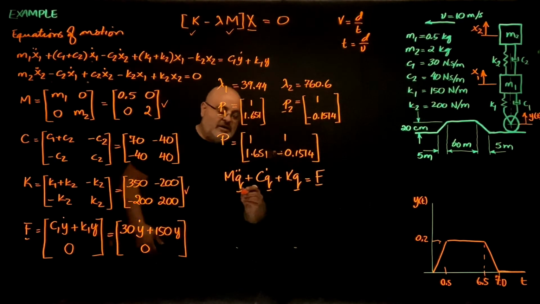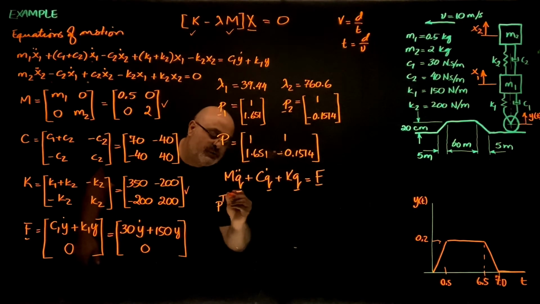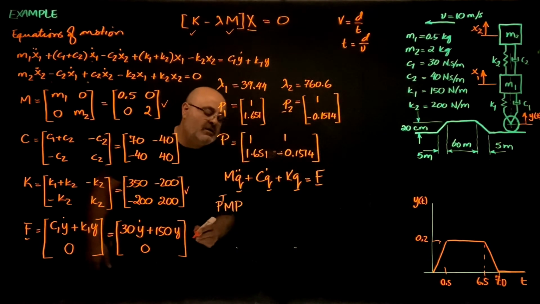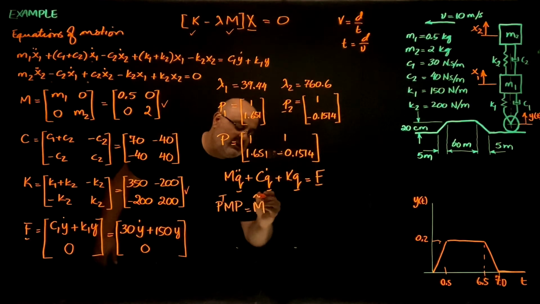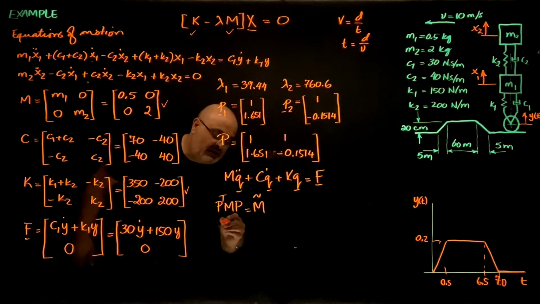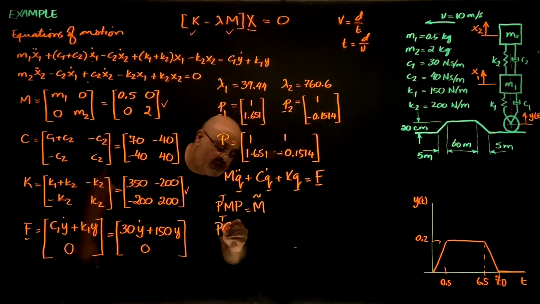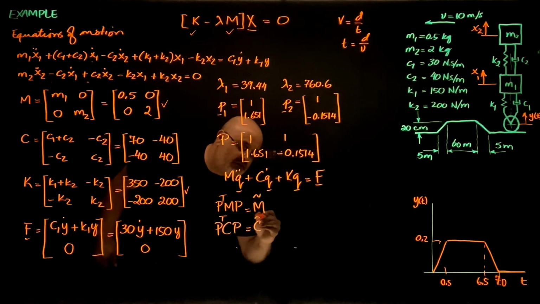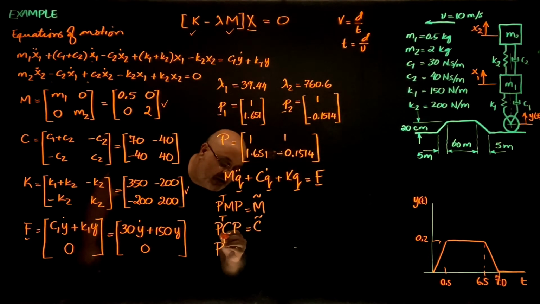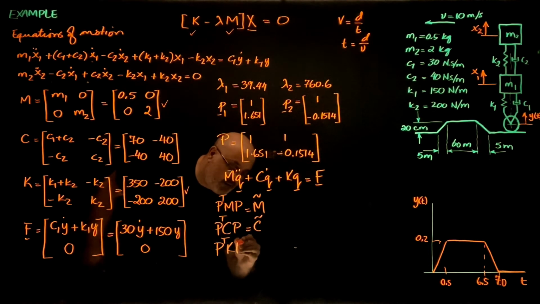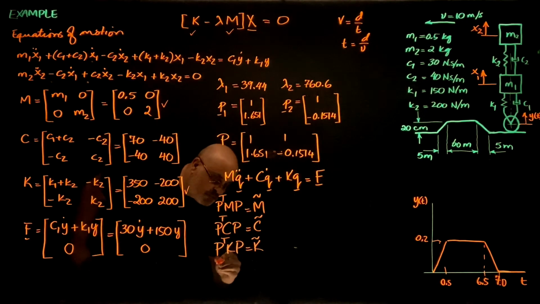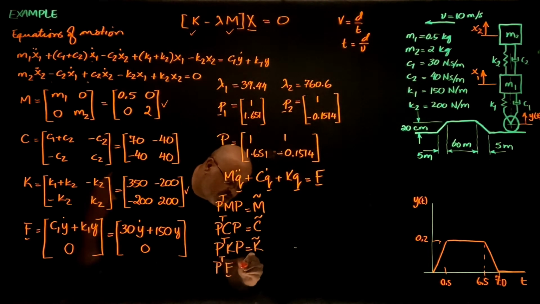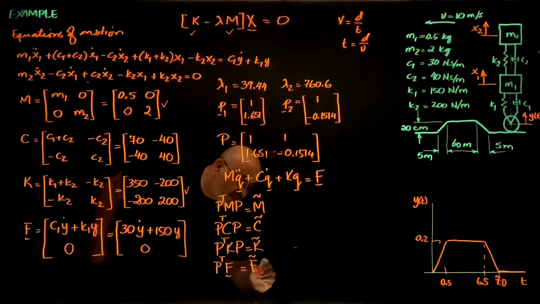I need to find P transpose M P, and that would be M tilde, and I need also P transpose C P, that would be C tilde, and P transpose K P for K tilde, and finally I need to multiply P transpose times the force vector for F tilde.